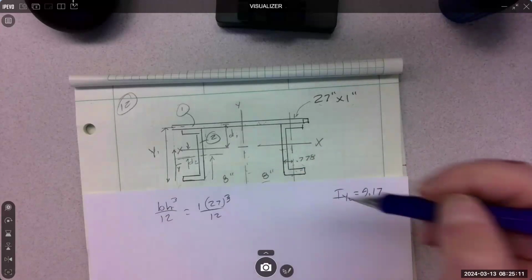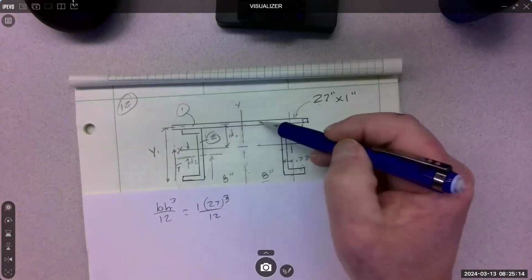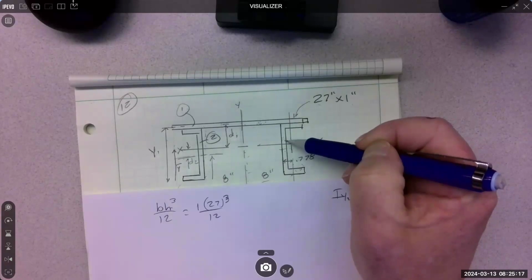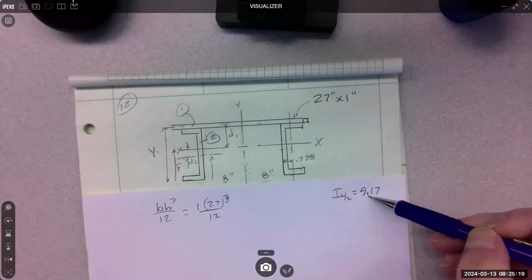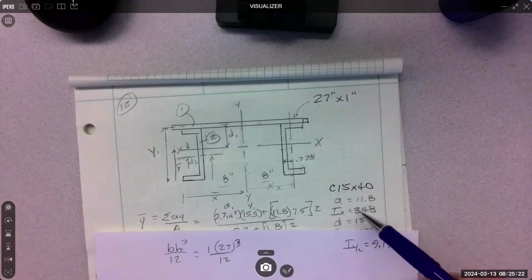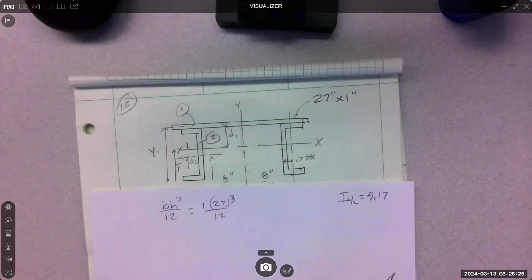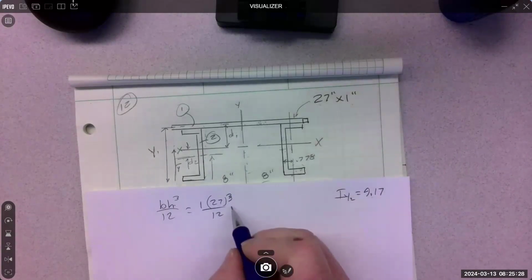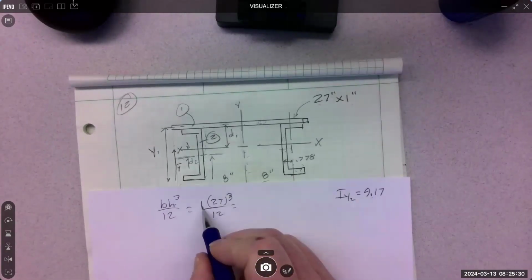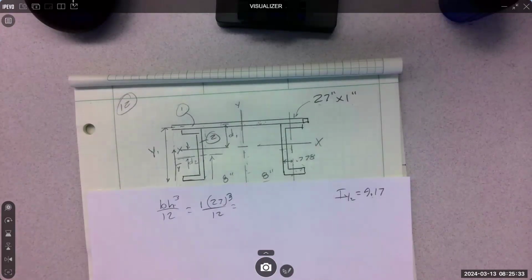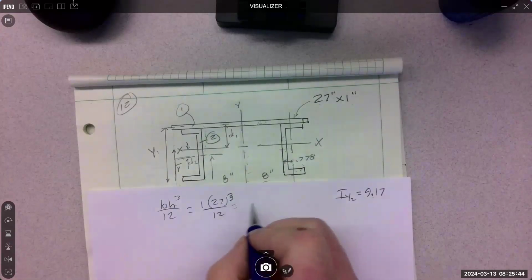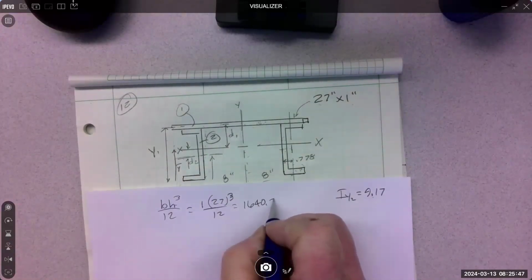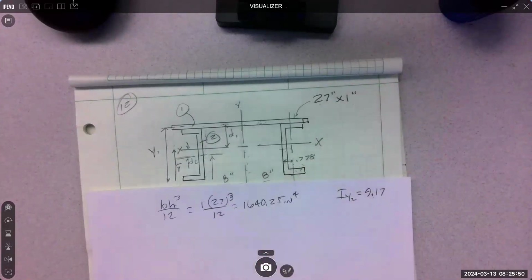When we're doing inertia about the y, this is in the strong position and this is in the weak position. So the inertia went way down for the C shape, from 348 to 9.17, and the plate went way up. 27 is getting cubed instead of the 1. What is that number? 1640.25 inches to the fourth.